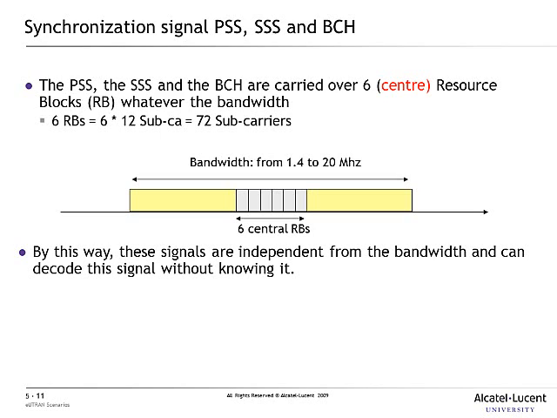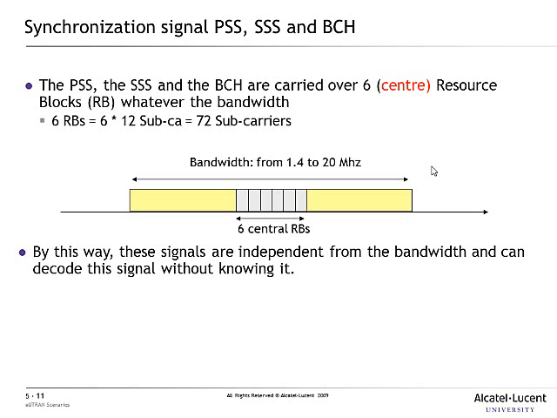So this information, the primary synchronization, the secondary synchronization, and the broadcast channel, are all transmitted on the 6 centermost resource blocks, whatever the bandwidth. Whether your bandwidth is 1.4 megahertz or 20 megahertz, the 6 centermost resource blocks are the ones on which you transmit this synchronization information, because it is very easy for the UE to lock on to the centermost frequency, since there's a pilot transmitted at the center of the bandwidth.